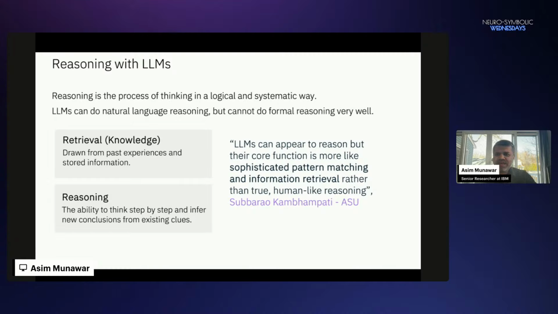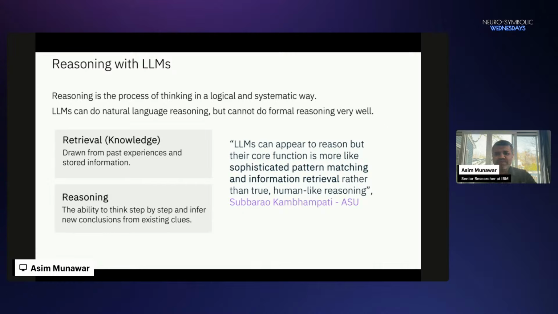When we talk about large language models, we mainly talk about natural language reasoning. We try to do formal reasoning with them, but we cannot expect them to be as good as the symbolic reasoners. They cannot provide us any guarantees there.